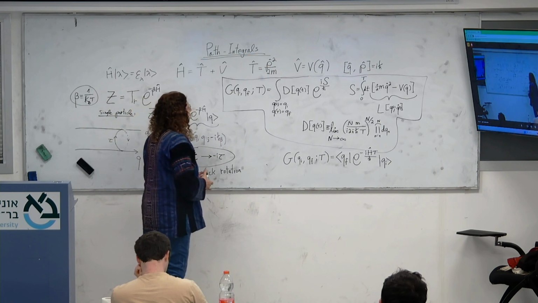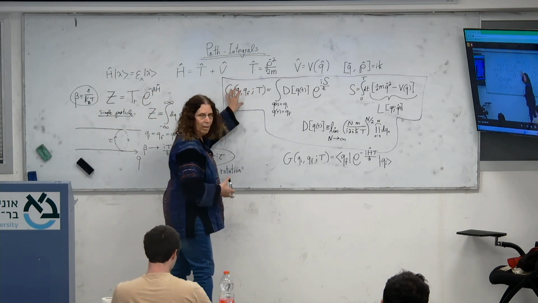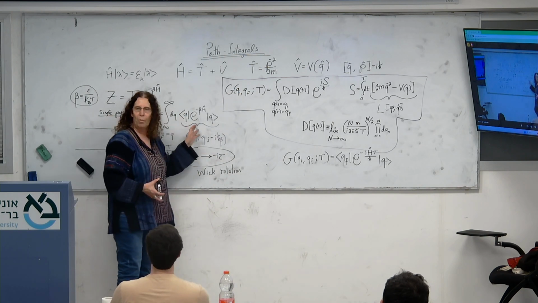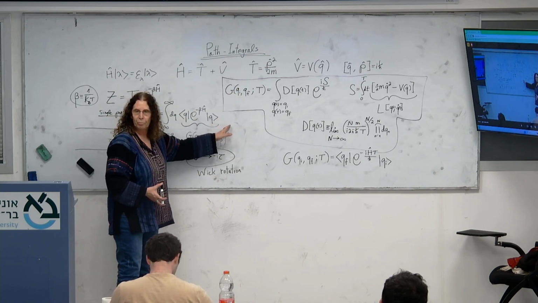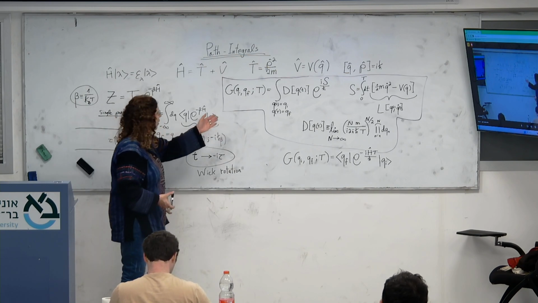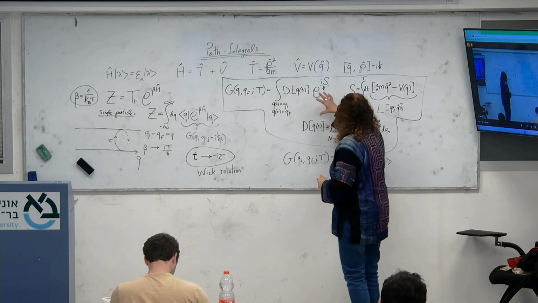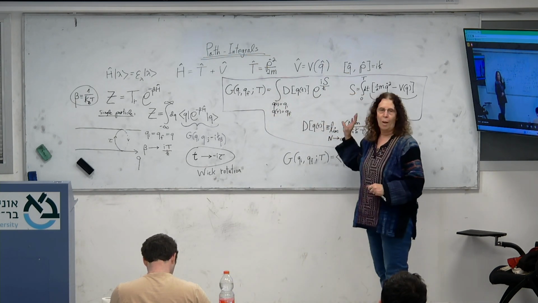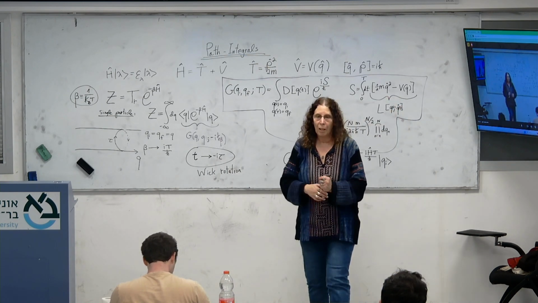Again, tau itself doesn't have a direct physical meaning, but it is a mathematical way of expressing a quantity that eventually does have a meaning, and that's this matrix element. The advantage of this way of writing it is that everything here is going to be numbers, not operators, C numbers.